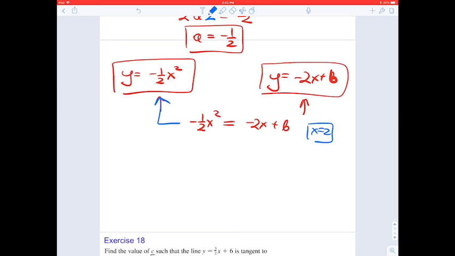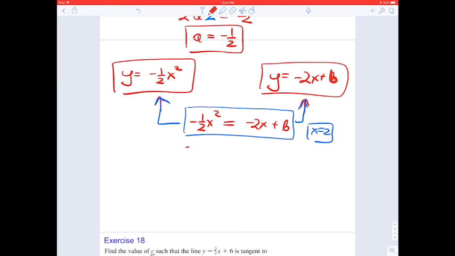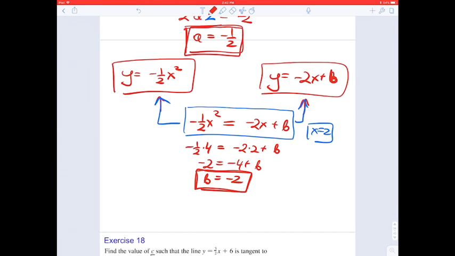Okay, they have to be the same. We did create a nice equation. Let's substitute 2 instead of x and solve for b. Negative half times 4, negative 2 times 2 plus b. Negative 2, negative 4. That means I believe b is negative 2. That's the final answer for b and the final answer for a.